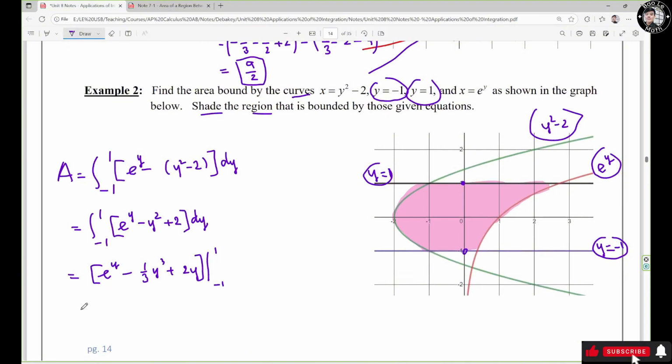Substitute 1: e minus 1/3 plus 2. Substitute -1 for y: e to the -1 minus 1/3 times -1 cubed, plus 2 times -1.